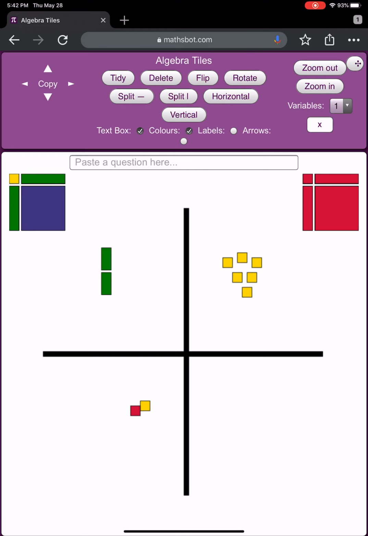And here's where 1, 2, 3, 4, 5, 6. So this, splitting these, this is the opposite of multiplying. We're dividing. So we're looking at what one of these is equal to. And one of these is equal to 1, 2, 3, 4, 5, 6. To 6.